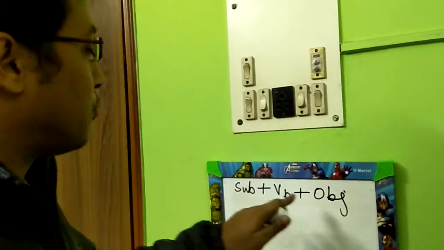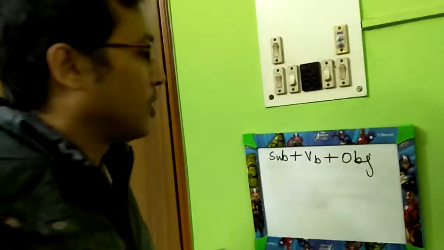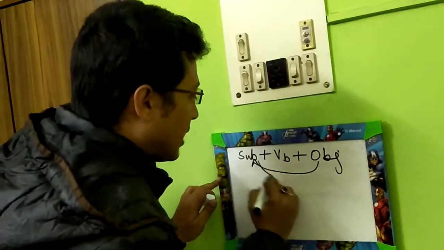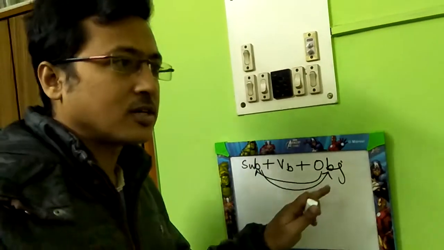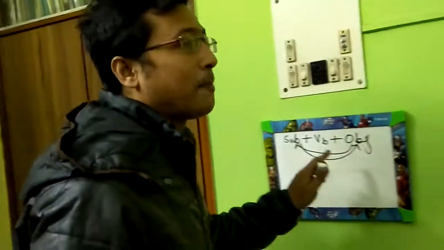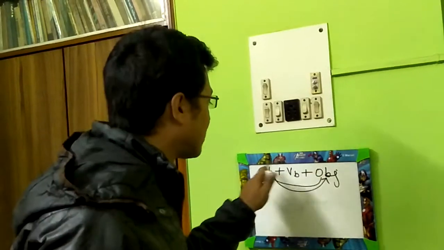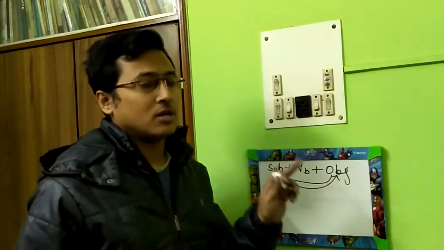But when we are writing the sentence from active to passive, we just need to interchange the object and the subject. So subject plus verb plus object is an active sentence, and when we write it in a passive sentence, then the object and subject interchange with each other.